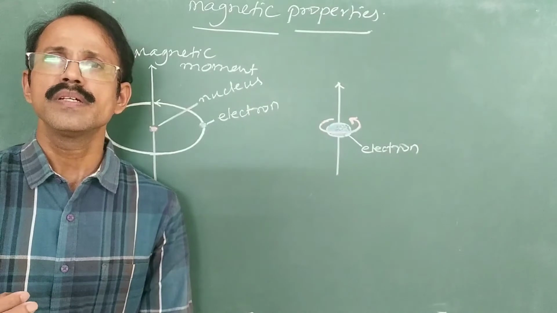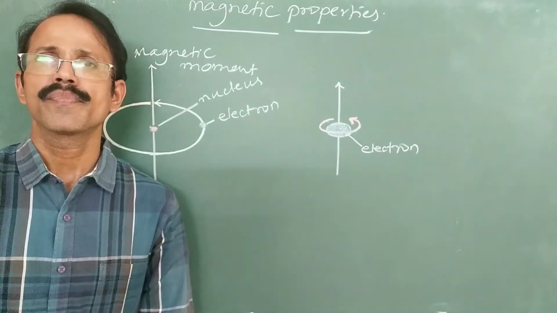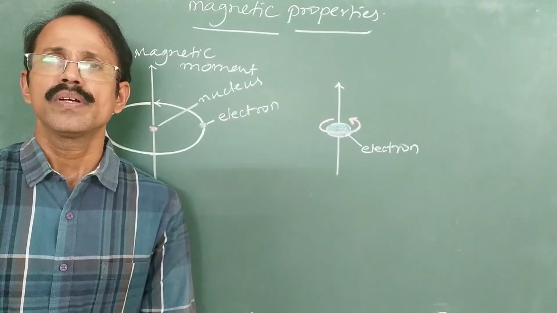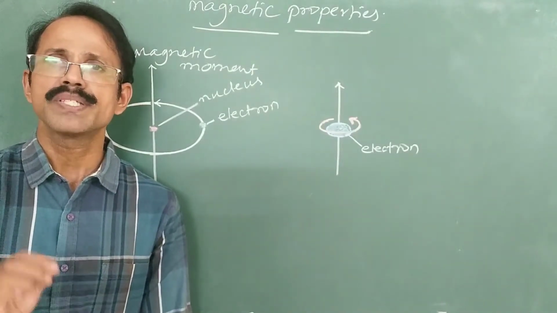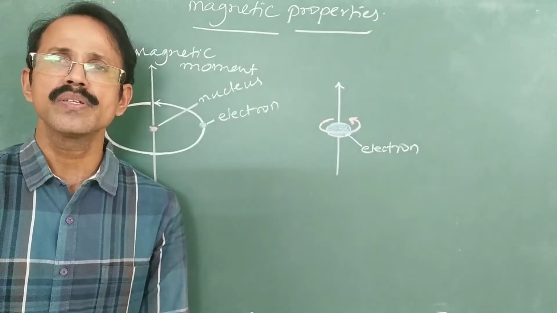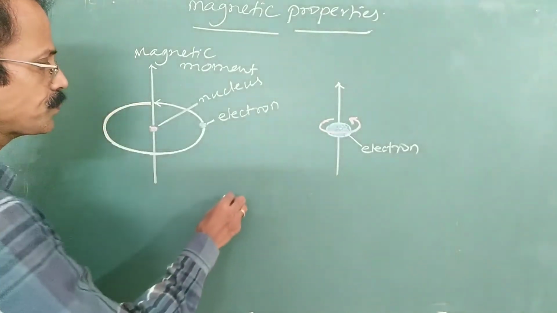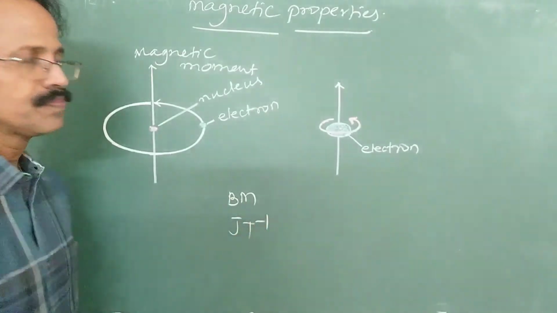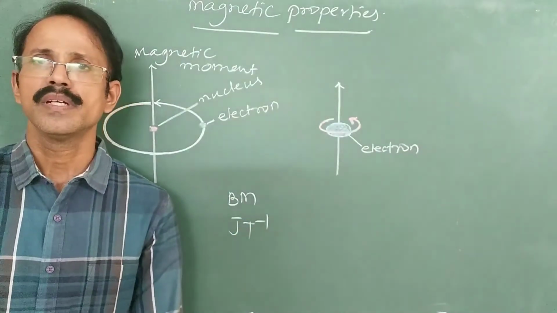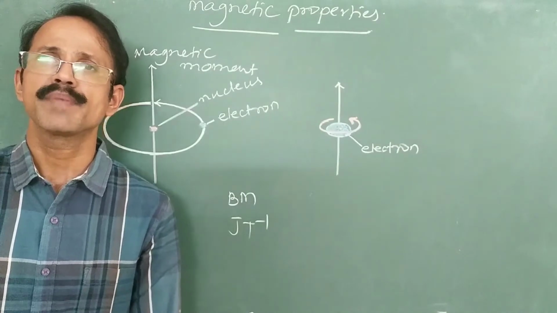So it has the magnetic moment, right? So this magnetic moment of electron can be measured in Bohr magnetons or Joule per Tesla. Bohr magnetons or Joule per Tesla are the units of the magnetic moment that is exhibited by the electron.